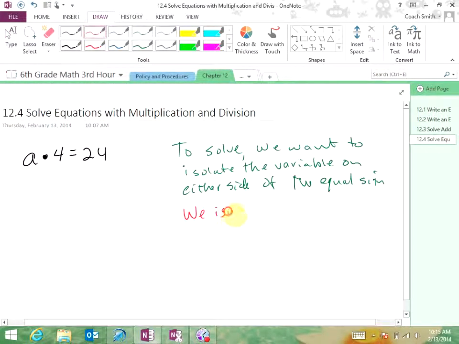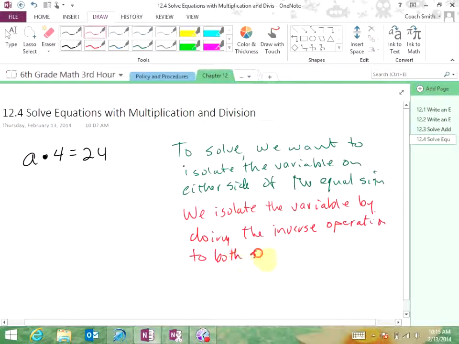We isolate the variable by doing the inverse operation to both sides of the equation.